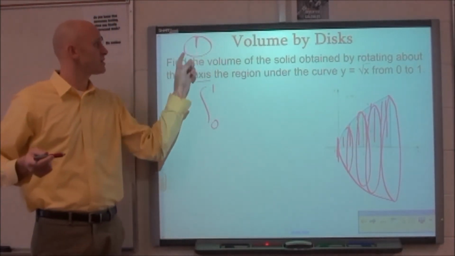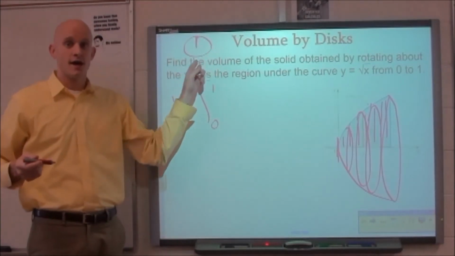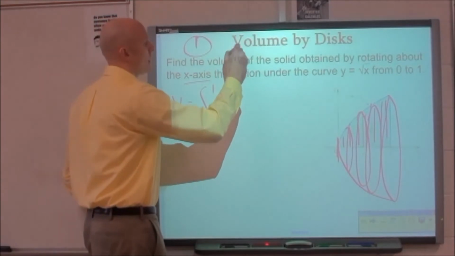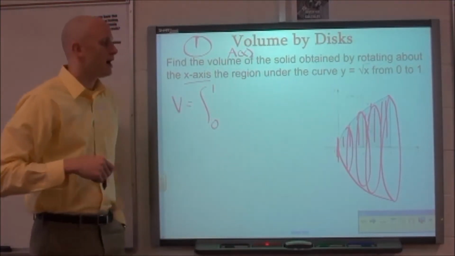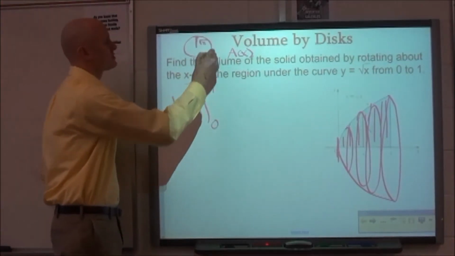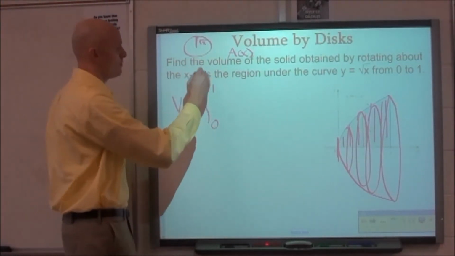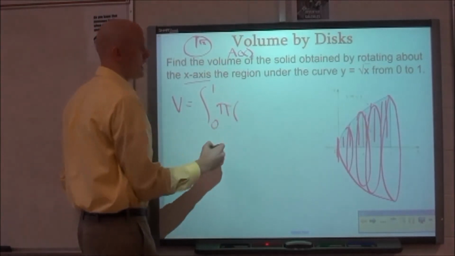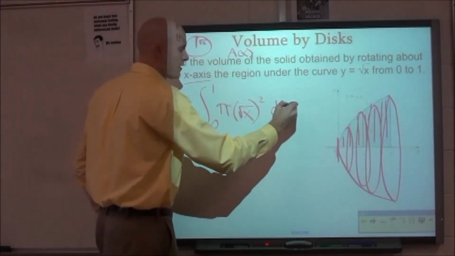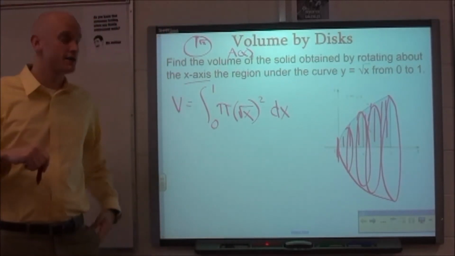Our cross-section is a disc in this case, and the area of that disc is given by the formula. It will have a radius that is the height of the curve, which is square root of x. So it would be pi multiplied by the radius, which is square root of x squared, and then dx.